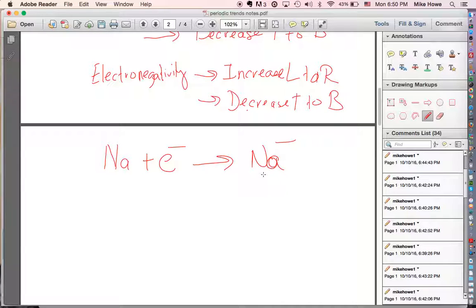Sodium plus an electron yields Na negative. So are you adding an electron or are you taking an electron away? You're correct, you're adding an electron. So this equation deals with electron affinity. I'm going to write another equation.